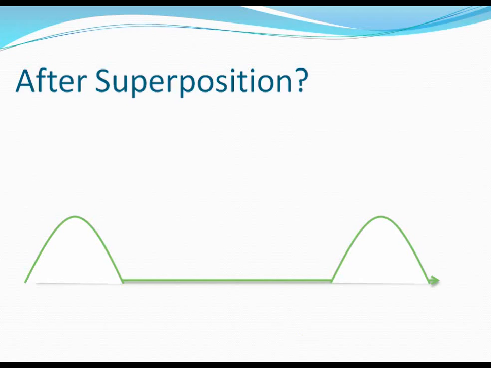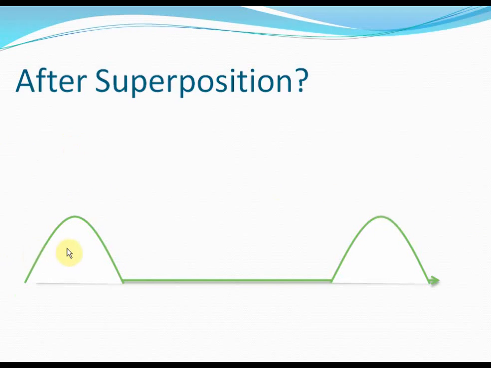The interesting factor here is that even after interacting with each other, the pulses continue on their own path as if nothing had happened. For example, this pulse you see here is the pulse that started from here. This pulse you see here is the pulse that started from here. Had there been no other pulse, the pulse here would have reached here, and the pulse here would have reached here.